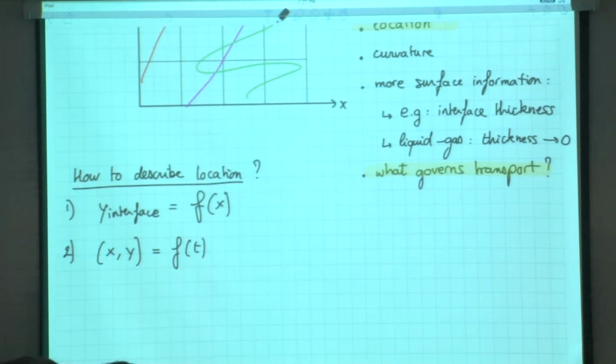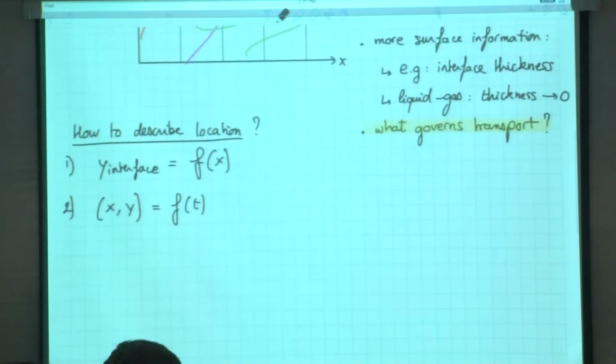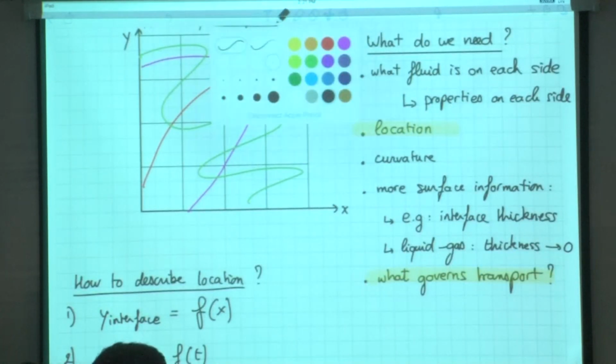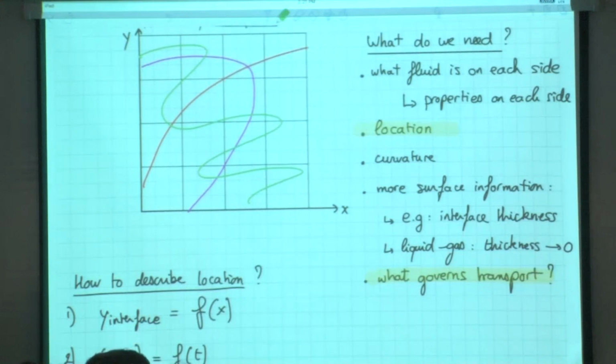If I place a marker, some sort of a Lagrangian piece of information that I tie to the interface, and I follow its position, then I will know something about the position of the interface. So that now would work, even for this very ridiculous shape that I sketched.